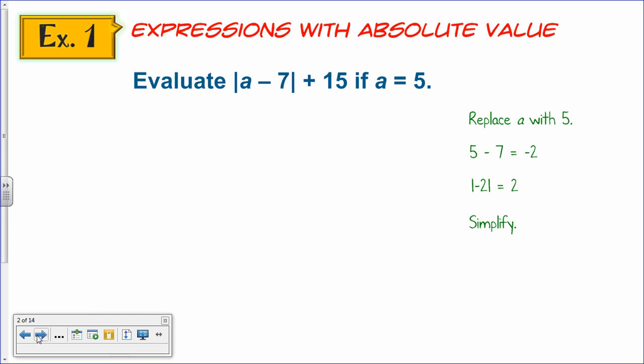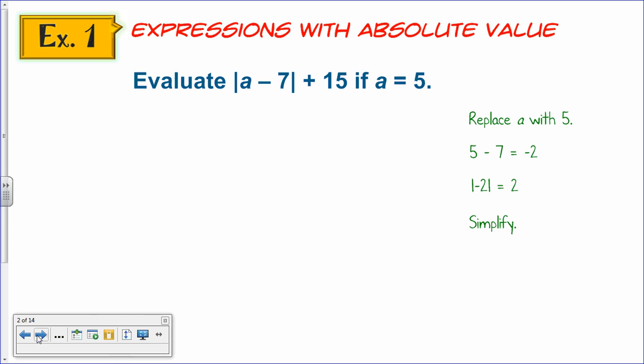Evaluate the absolute value of a minus 7, plus 15, if a equals 5. Everybody understands what absolute value is, right? One thing you need to remember is that absolute value is the distance from 0 on a number line.